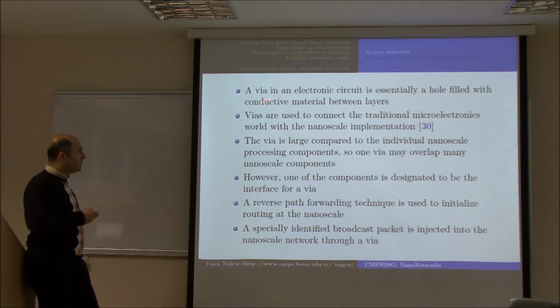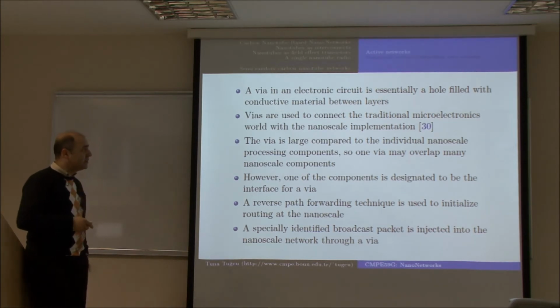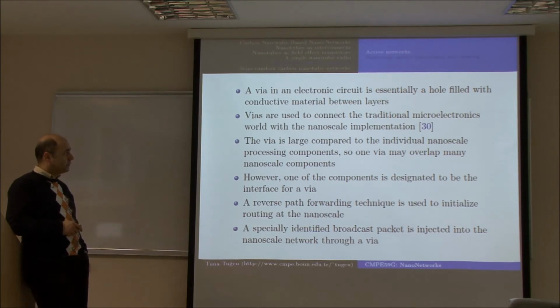So the vias are typically used to connect the traditional microelectronics world, and could be used for this purpose, to connect them to the nanoscale implementation also. So a transition between the two different layers now. One layer at the nanoscale and the other layer at the microelectronics scale. But the via itself would be large compared to the components in the nanoscale.